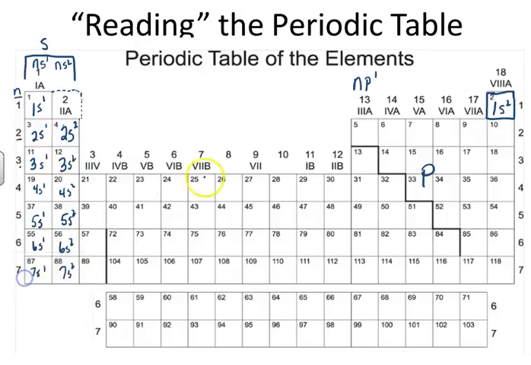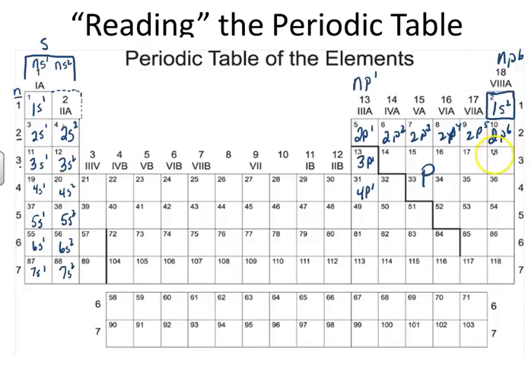So if we're looking at family 2, which is period 2, the first period to actually have a p sublevel, this is going to be 2p1, 2p2, 2p3, 2p4, 2p5, 2p6. And of course we're going to increase as we go down. This is 2p1, 3p1, 4p1, and so forth.